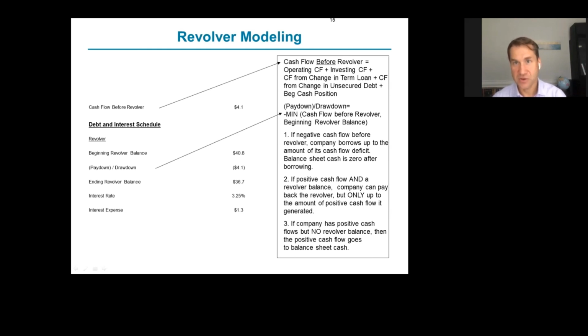So that's that third case, and that's where this minimum formula comes in. And as you'll see, it's actually a very flexible calculation. Like if you need more cash, then you grow the revolver. If you don't need it, you pay it down. So that's the balancing line on our balance sheet.